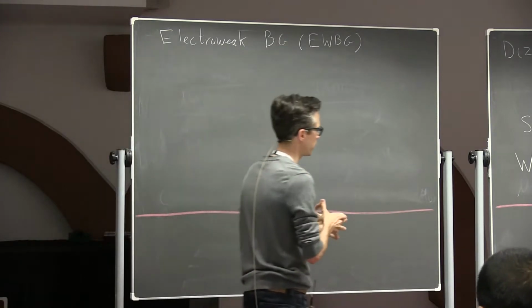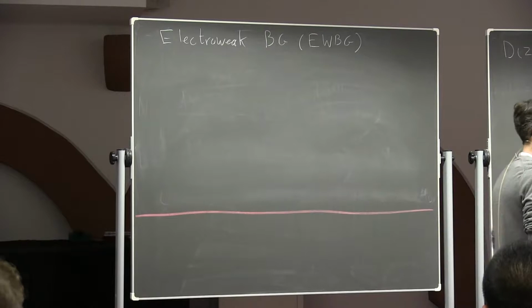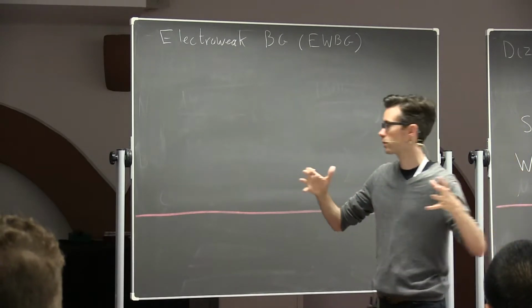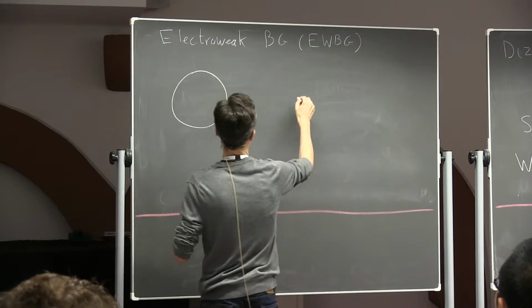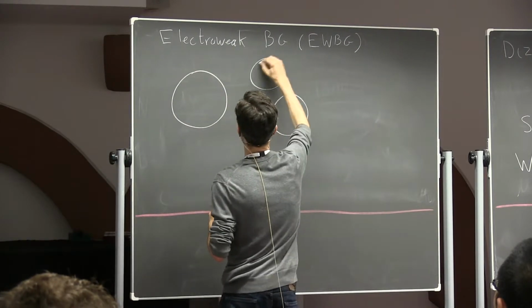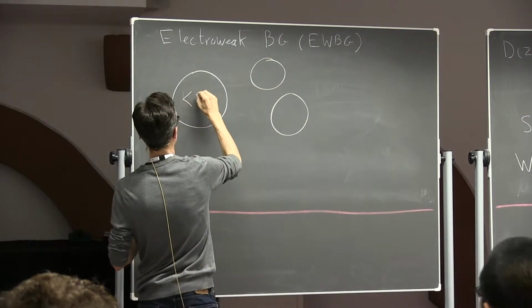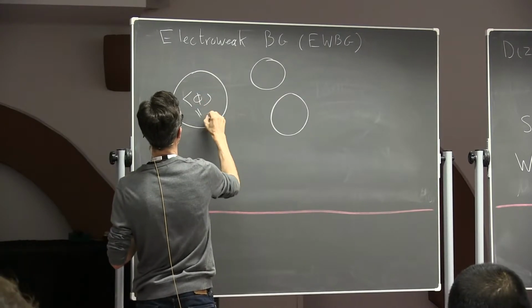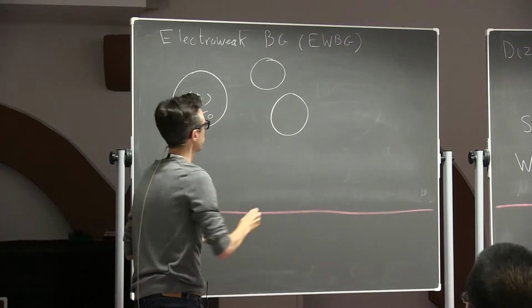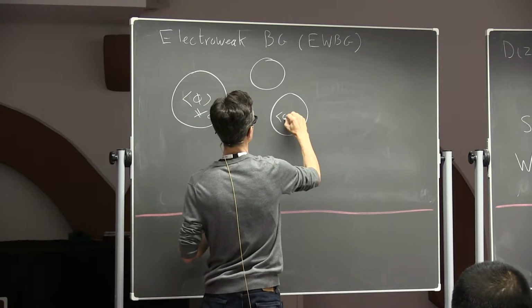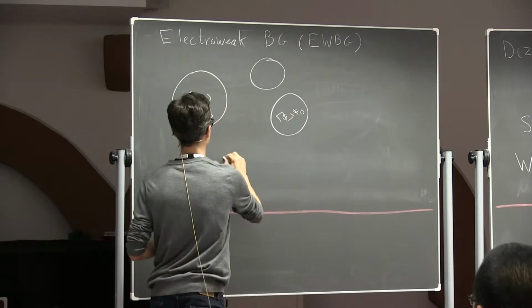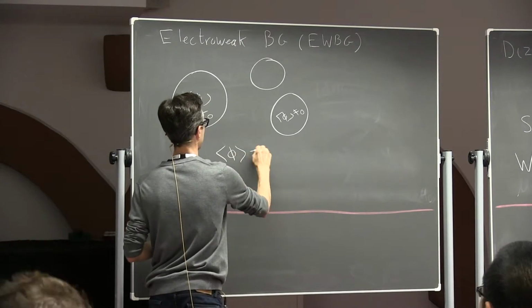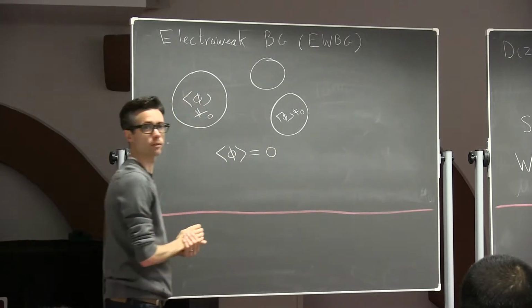So a first order phase transition, in this context, corresponds to the nucleation of bubbles of broken phase within a surrounding plasma of symmetric phase. So if phi is my Higgs expectation value, you nucleate bubbles of phi not equal to 0 phase within a surrounding plasma of phi equal to 0 phase.